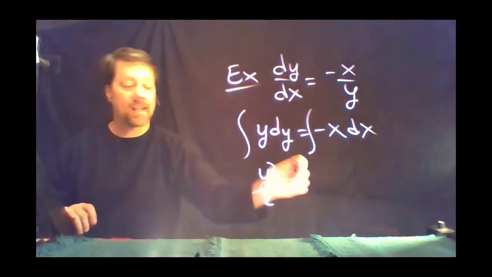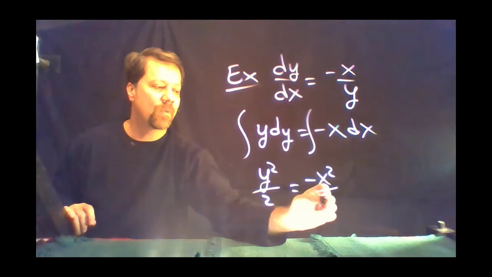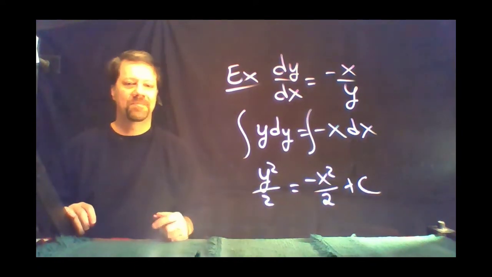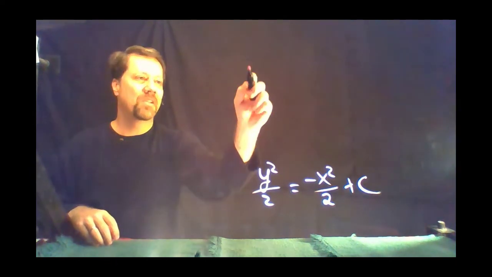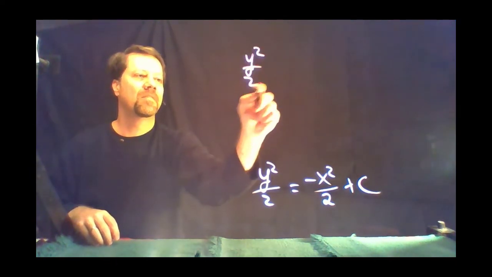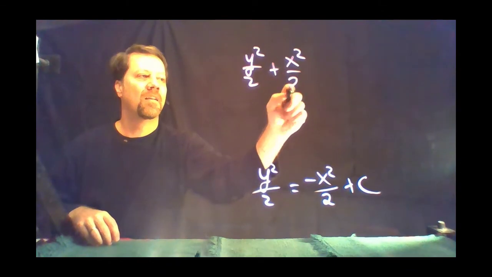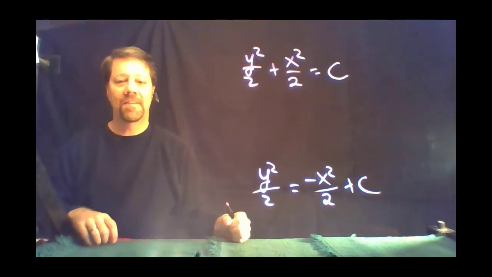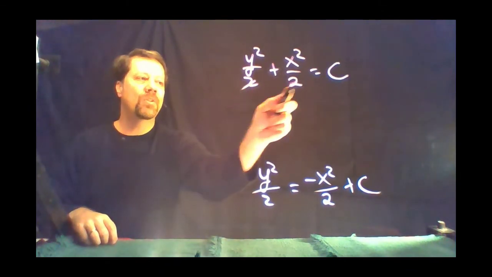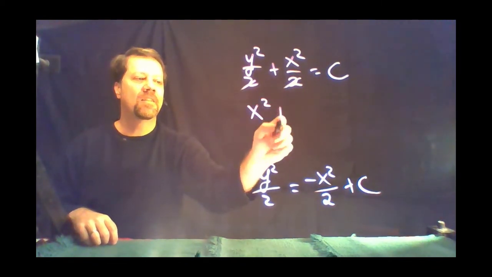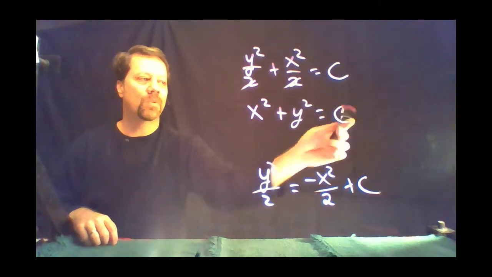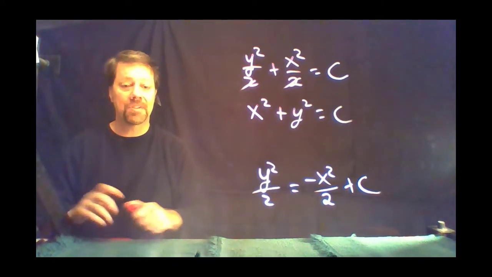On the right-hand side, negative x squared over 2 plus a constant. We can rearrange this solution in this way. Multiplying both sides by 2, we can absorb the 2 on the right-hand side into the constant. We get x squared plus y squared equals c, meaning that the solutions happen to be circles.